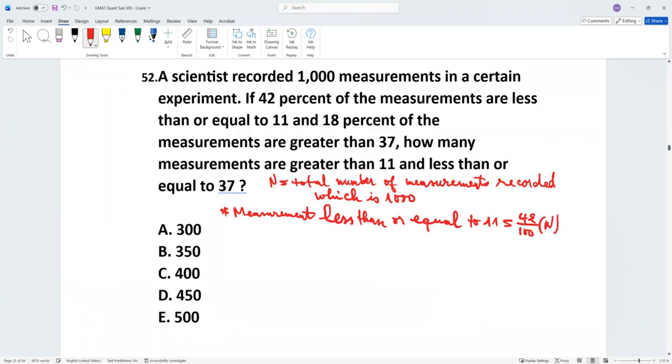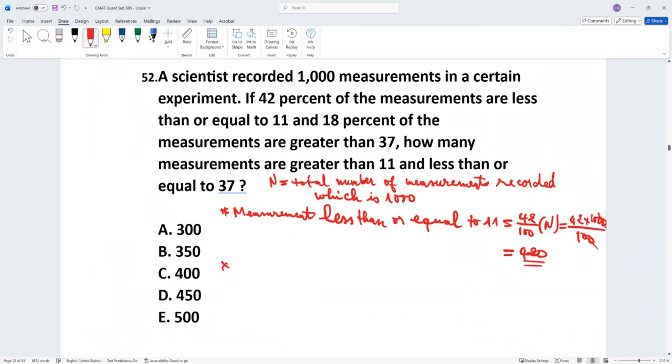So 42 over 100 times n, that is 42 times 1,000 divided by 100. So this is going to be equal to 420.